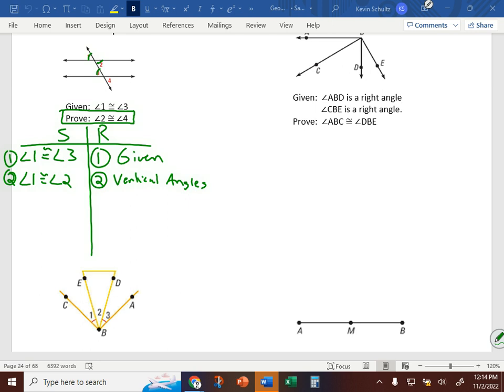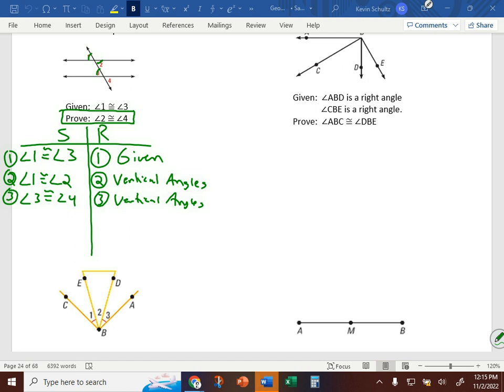Yes. Both. He's asking about numbering these statements and the reasons. You have to number each of them. Okay? Kylie. And how can you conclude that angle 3 is congruent to angle 4? Also the vertical angles congruence theorem.